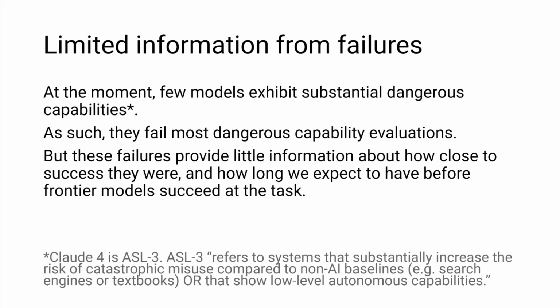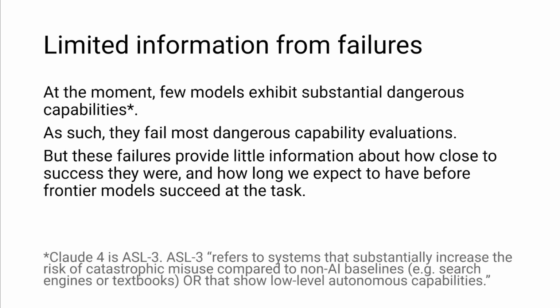There's a little asterisk here, which is that Claude 4 was released last week. This is probably the last time I'm going to be able to use this slide, because Claude 4 is ASL3. ASL3 is from Anthropic's internal policy. Their responsible scaling policy has these different levels defined, ASL levels.